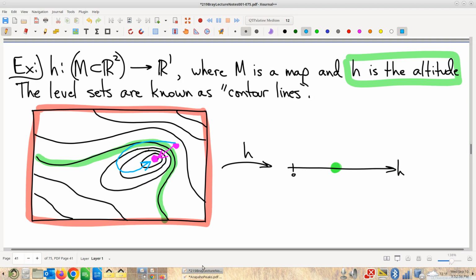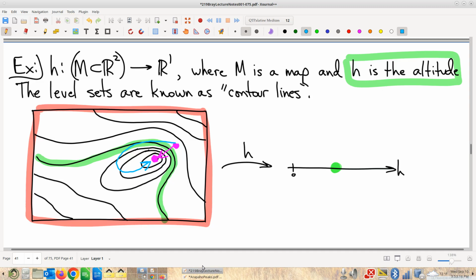Yes. Is one level set just one of the lines? Yep, that's right. So what I've drawn here in green is just one level set. Maybe that's where the altitude is 500 or something. And then this one here would be 400, 300, 200, like that. And that is one of the downsides of using level sets.